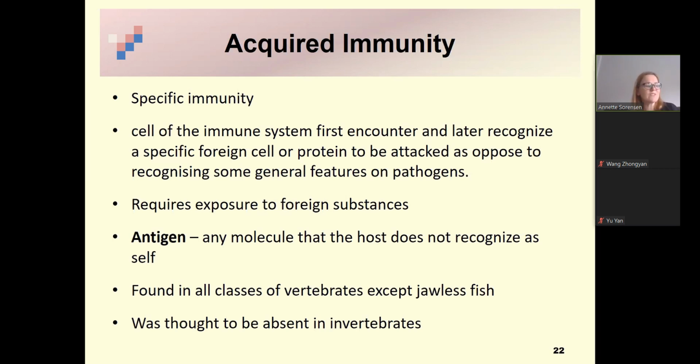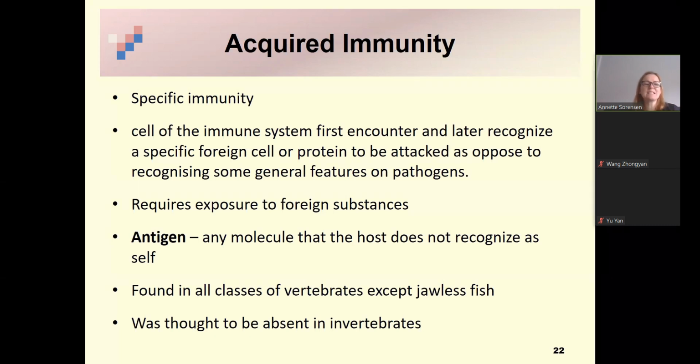For example, cells which are virally infected start to produce different types of antigen which are foreign to the immune cells. Also, cancer cells, for example. Cancer is quite a complex topic when it comes to the immune system. However, many cancer cells express what we would call foreign antigen on the cell surface.